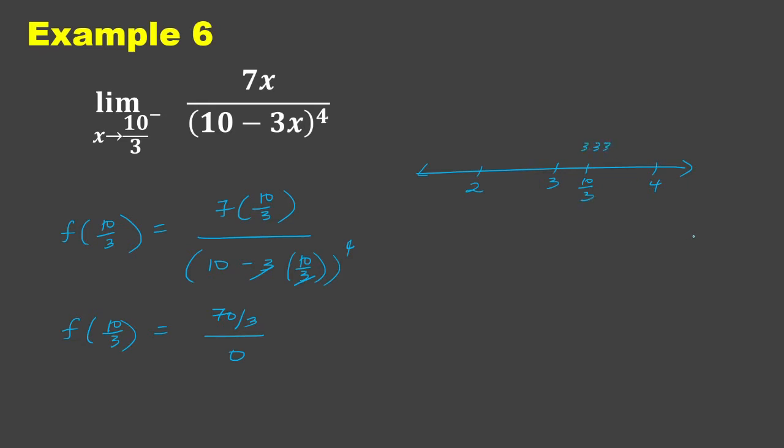If we assign values from the left of 3.33, which is a positive number, and substitute it to our x here, for the numerator, 7 times a positive number, we have positive. Over, for the denominator, we have a positive answer because of our even exponent here. Therefore, positive divided by positive would be positive, and this is infinity.